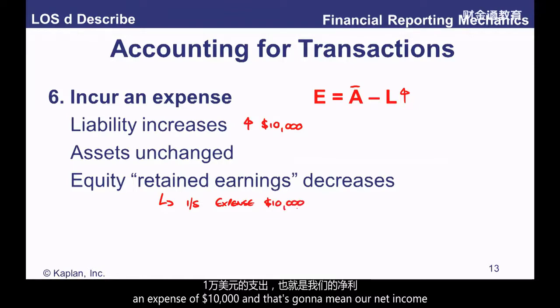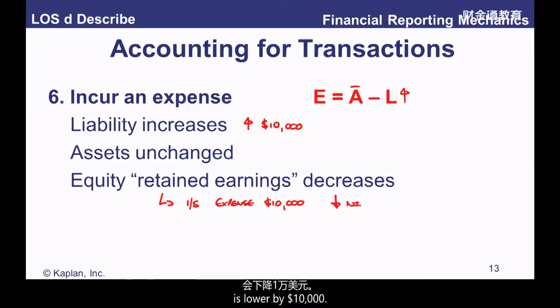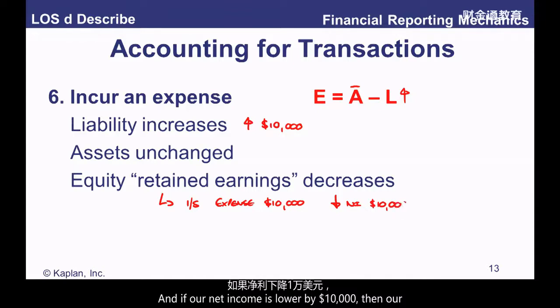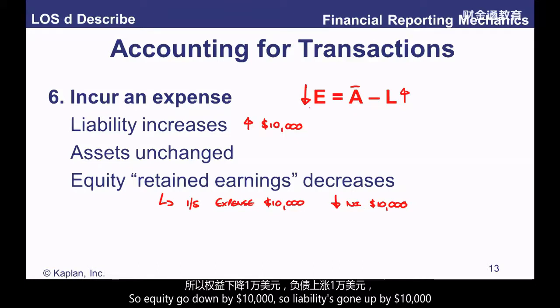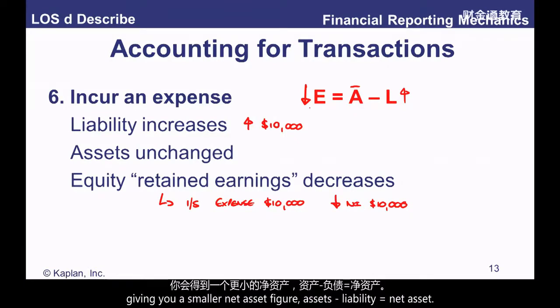And because we've got an expense of $10,000, that's going to mean our net income is lower by $10,000. And if our net income is lower by $10,000, then our equity is going to be lower by $10,000. So equity goes down by 10,000. So notice liabilities have gone up by 10,000, giving you a smaller net asset figure. And remember this, assets minus liabilities, net assets.